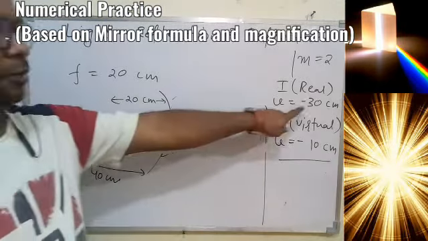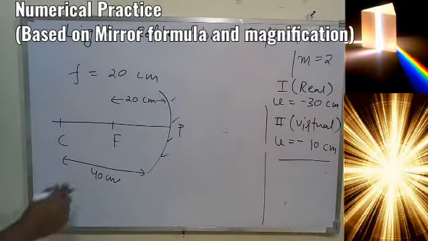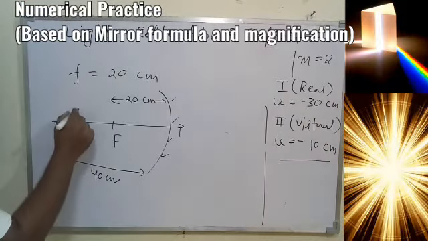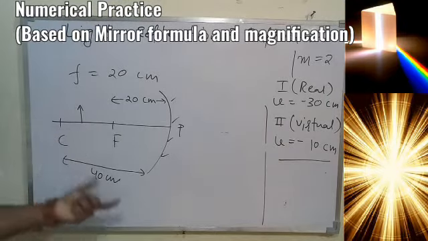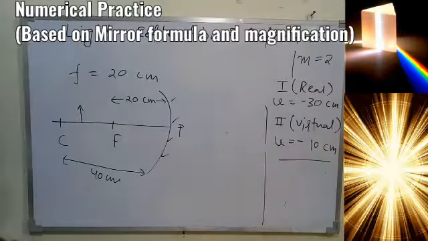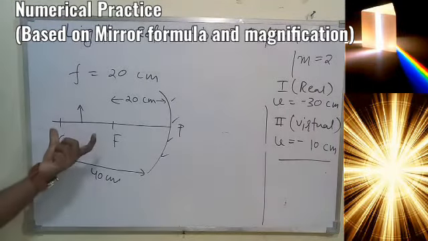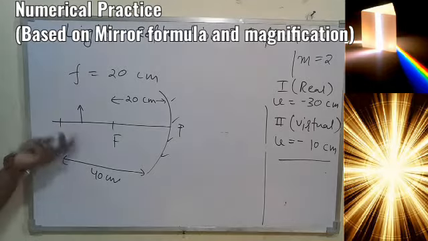So in case 1, the object distance is 30, means it is placed somewhere in between this. So in case 1, the object is placed here between C and F. That's why the image was real, and we know for an object placed between C and F, the image has to be real and magnified also.